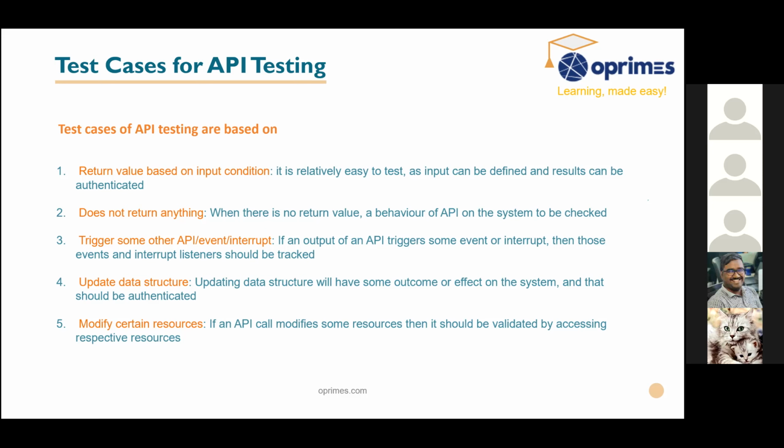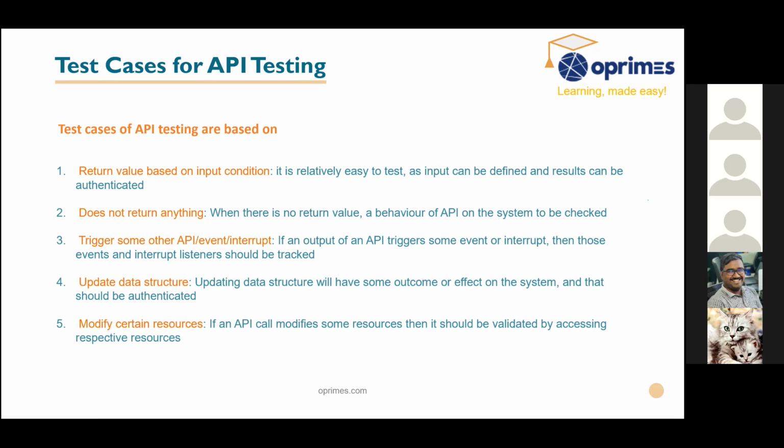So we need access to the database basically. That is a must for API testing. If you are sending a like count of one from the front end as a JSON object in an API, then your database should be showing like as one for the corresponding post. So this is the expected validation.